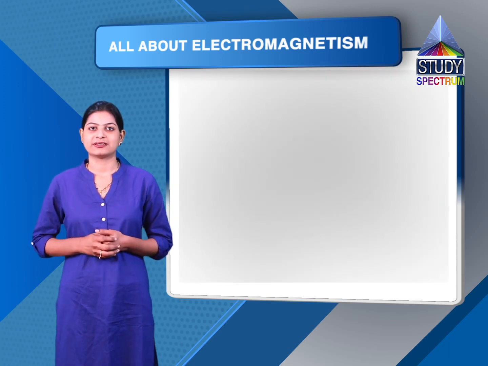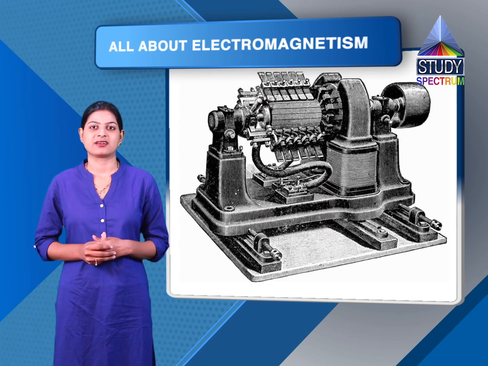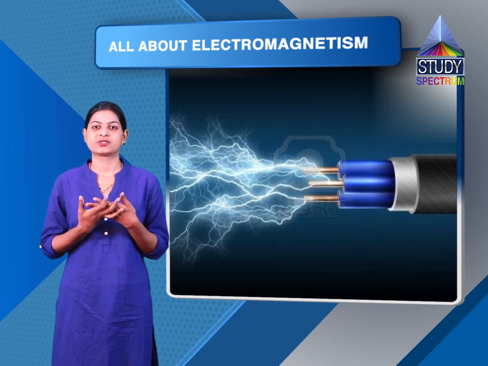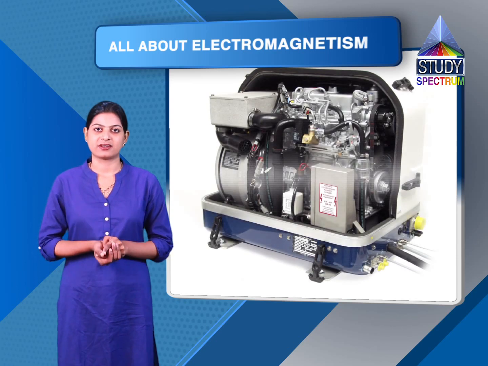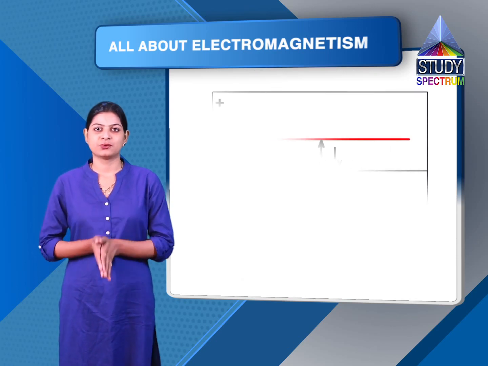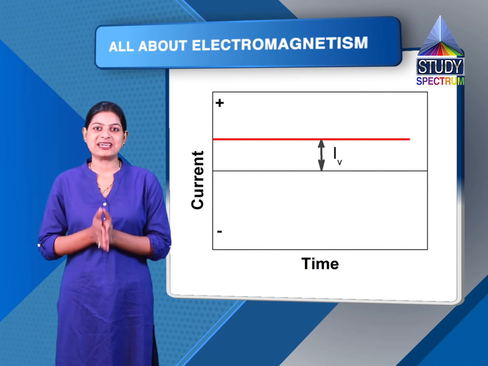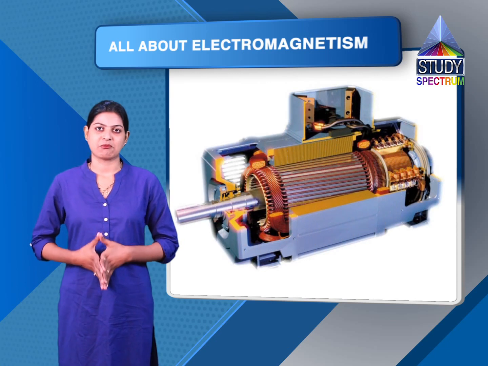The fourth question is: electric generator is used to generate electric current. It is a true statement. The device which is used to generate electricity is called a generator, and the device which is used to generate DC, or direct current, is also called a dynamo.